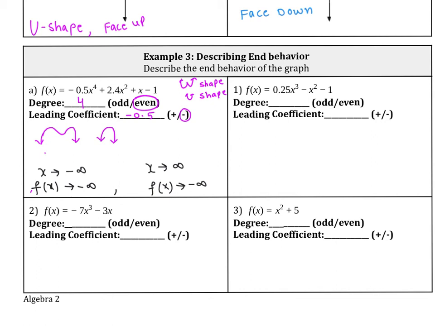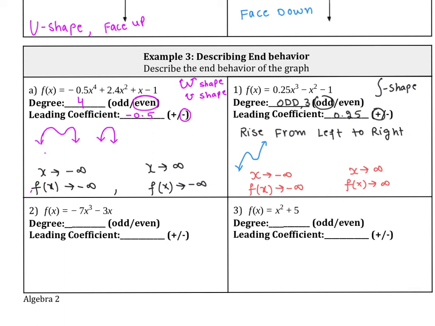Next is example number 1. The degree of this function is 3, so it's odd. The leading coefficient is 0.25 and is positive. It's going to be an S-shaped graph.